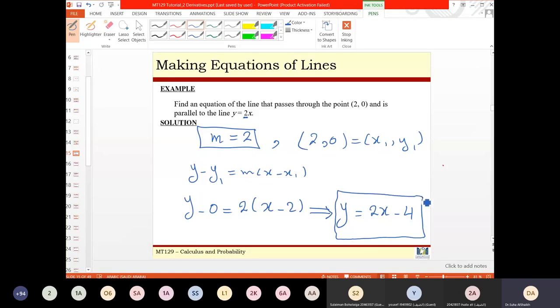You got it now? Yeah, this is one of the questions that come as multiple choice. Most probably in the next quiz, on tutorial 2, you will see a lot of questions related to the line equation.